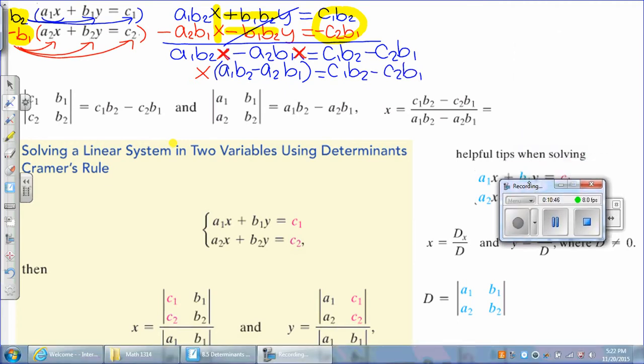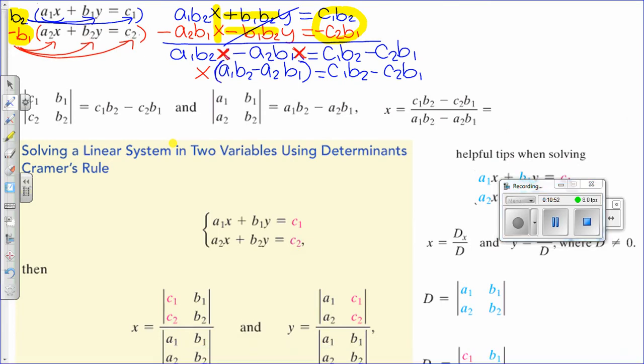And what I need to do next, just to solve for x, you notice that x is being multiplied by everything inside the parentheses here. So as you know, we're going to move it across. And once we do that, it's going to change to the inverse operation. And so that will be x is equal to c sub 1, b sub 2 minus c sub 2, b sub 1 divided by everything inside this parentheses here.